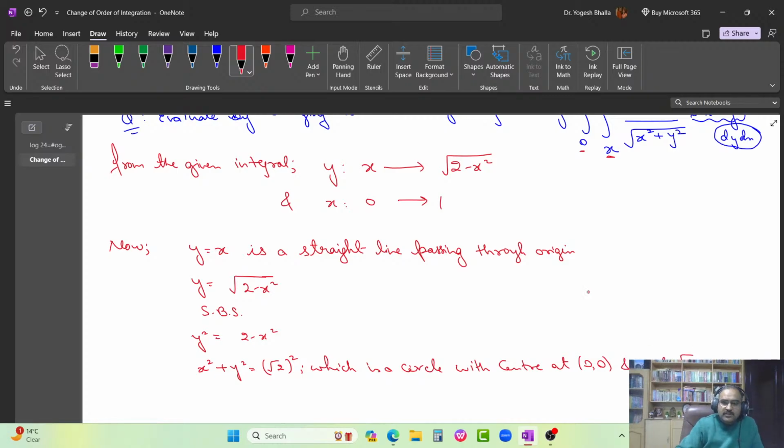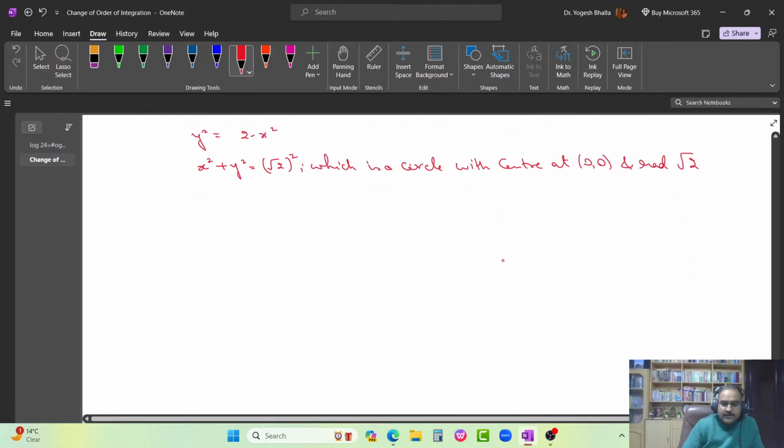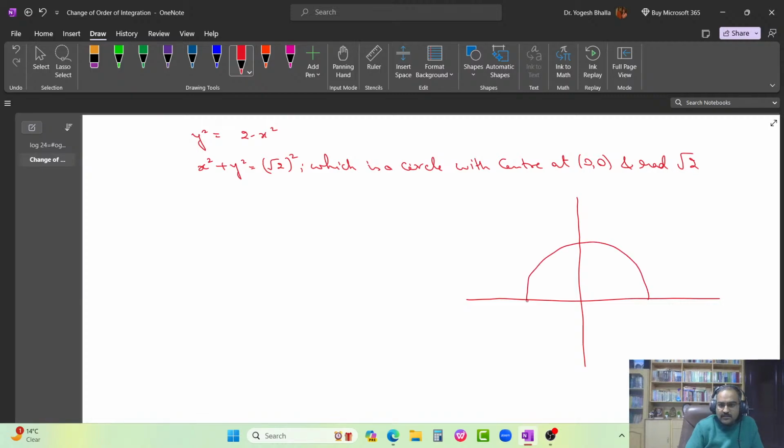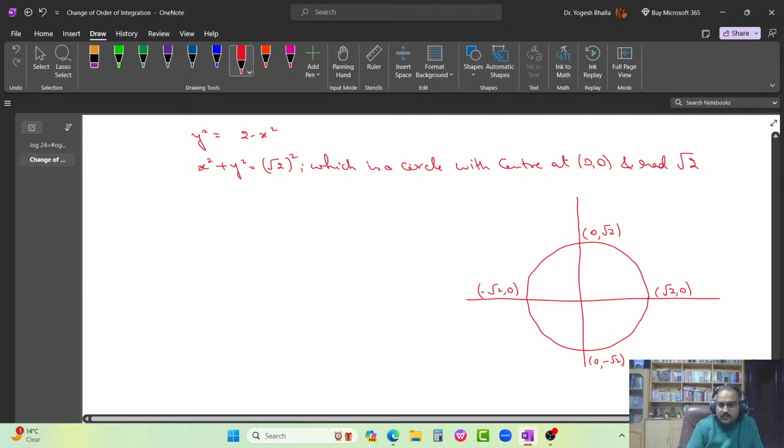Now I need to plot these two. A circle with radius root 2 and center at origin. Root 2 radius means 1.414. So I'll draw a circle. The coordinates are: x will be root 2 and y 0 here, x will be minus root 2 and 0 here, and x will be 0 and y will be minus root 2 here.